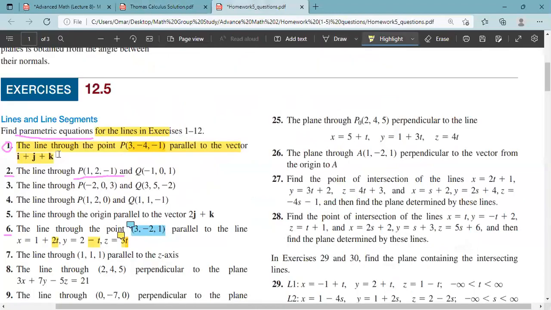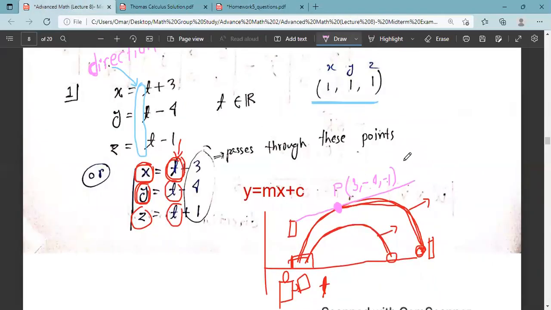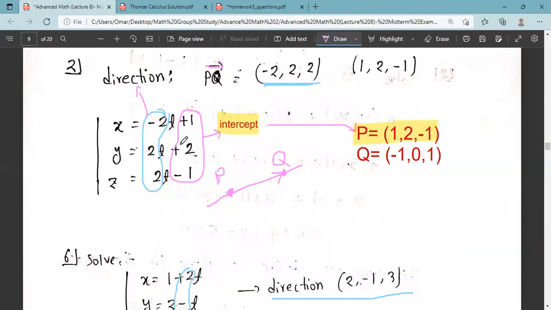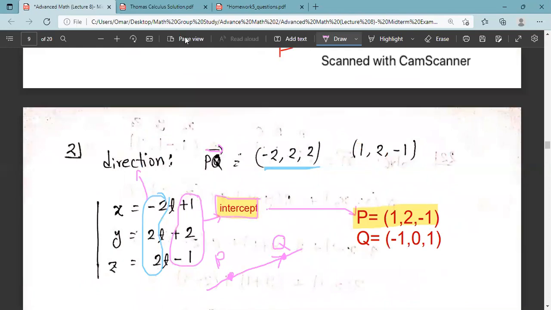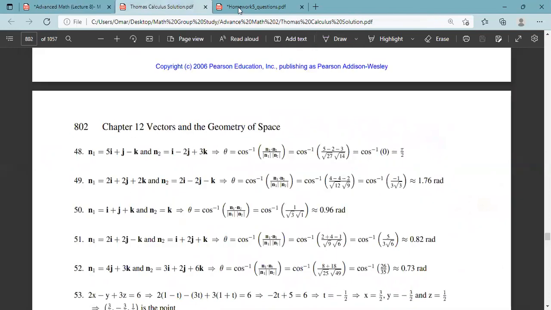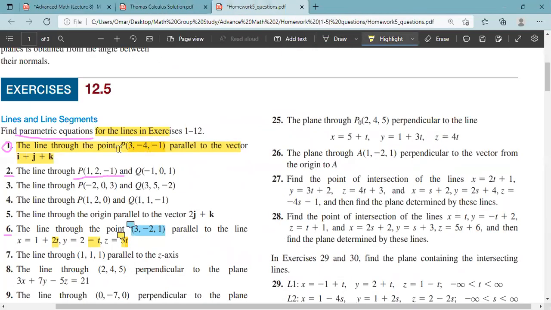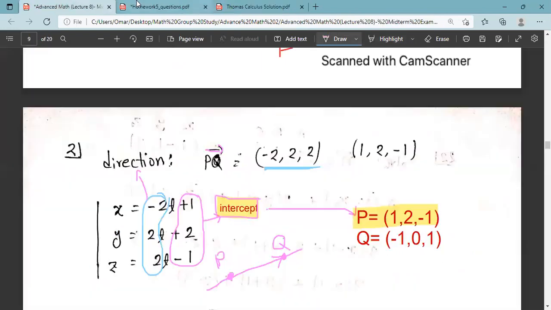Okay. So now let's see how we can find that line. So that means we have to find this line. To find that line, we just need to see the intercept. So the intercept is here. The intercept point is here. PQ (1, 2, -1).